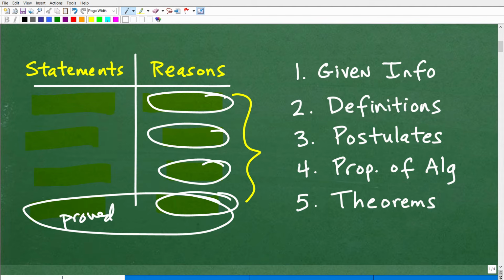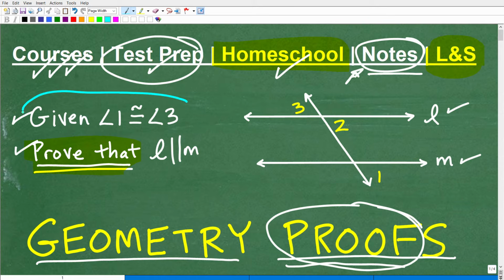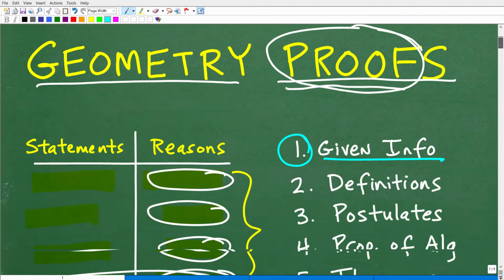The only reasons you can give in a geometric proof, and this is kind of classic geometry, are the following. One is given information. What am I talking about? Well, let's go back up here. In this proof, I told you, given that angle 1 is congruent to angle 3. I gave you that information so you can justify that.